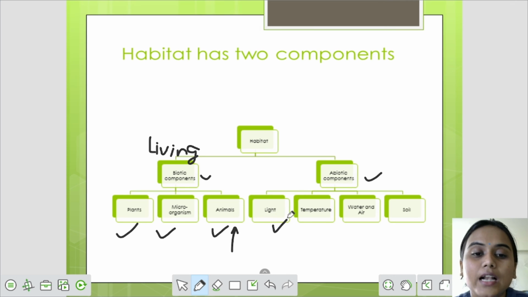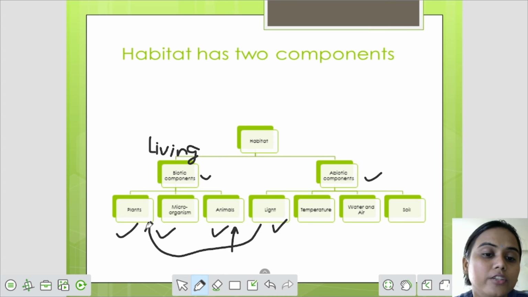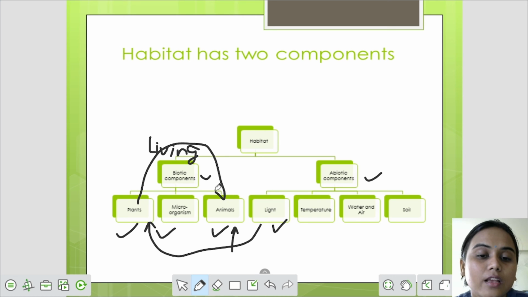Light is the ultimate source of energy. Without light we would not have plants, because plants do photosynthesis, and only then can they survive. When plants are there, we can eat plants, and herbivores also eat plants, and only then can they survive.